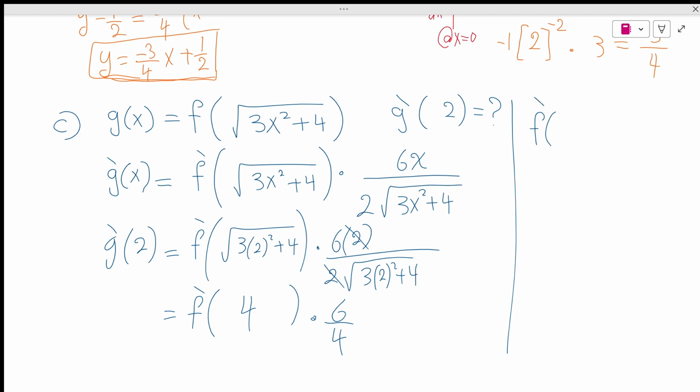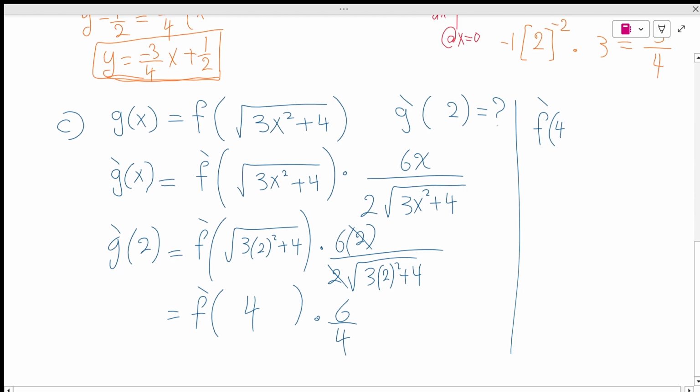For the sake of time, we're going to do it here. f prime of 4, or just let's list f prime of x. It was given in the question that f prime of x equals sine of pi x plus x squared plus 3.